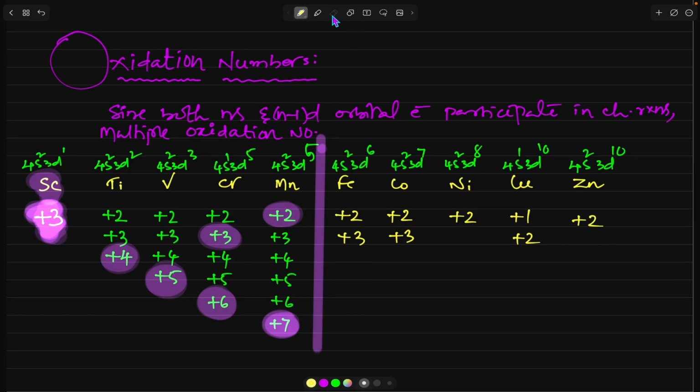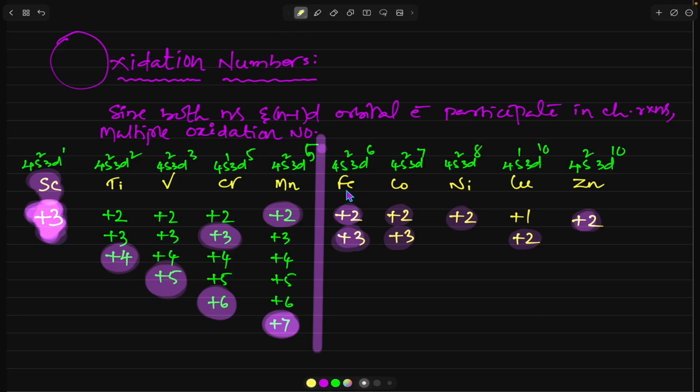For iron, +2 is considered stable as well as +3. For cobalt, the same: +3 and +2 are stable. Here +2 is stable, here also +2 is stable. So what can you notice here?